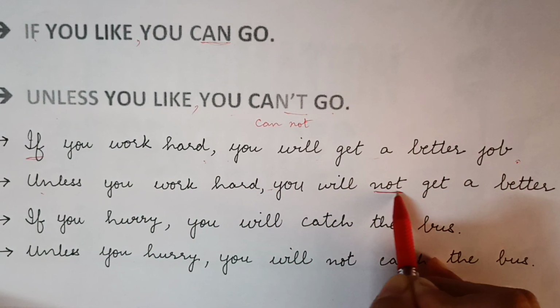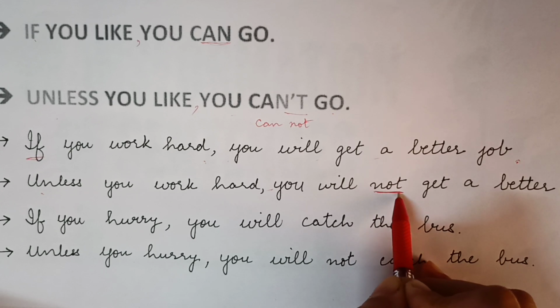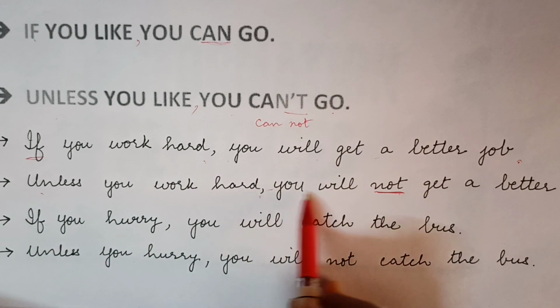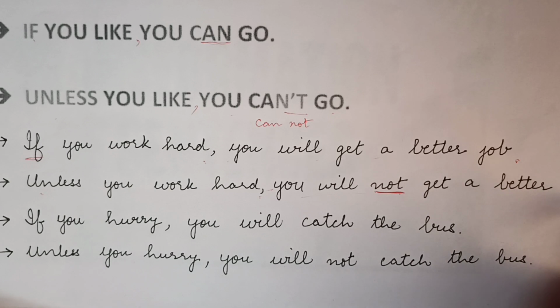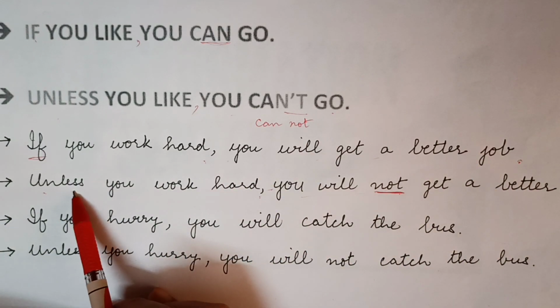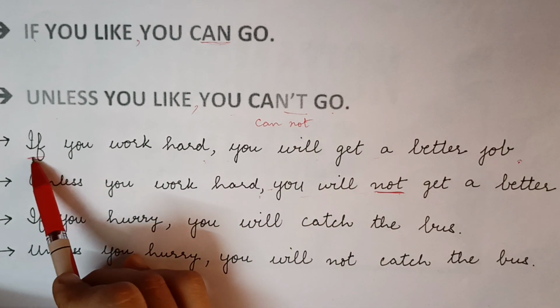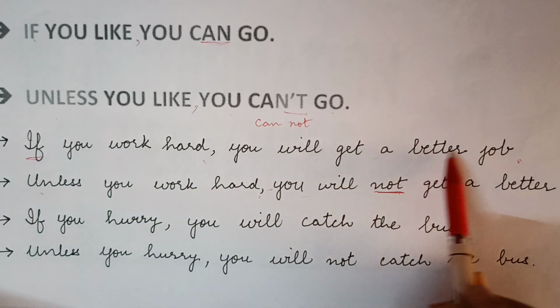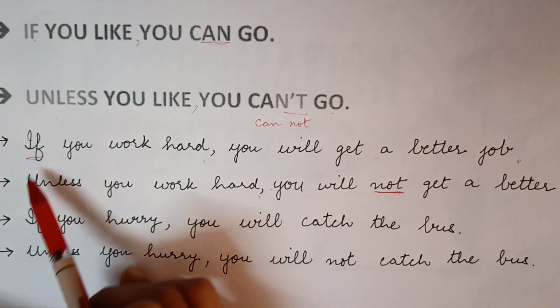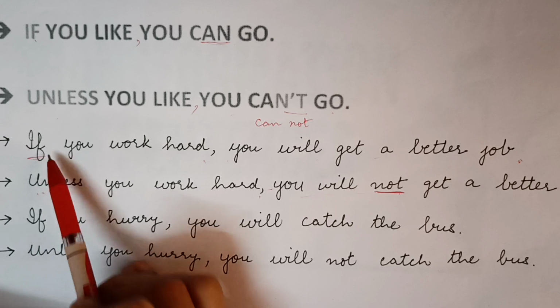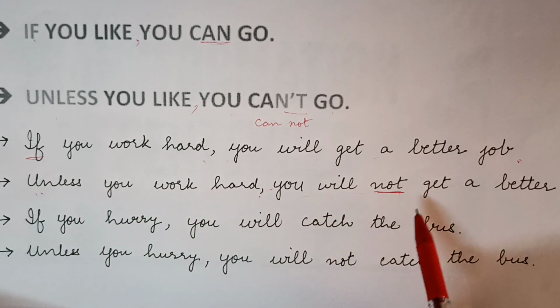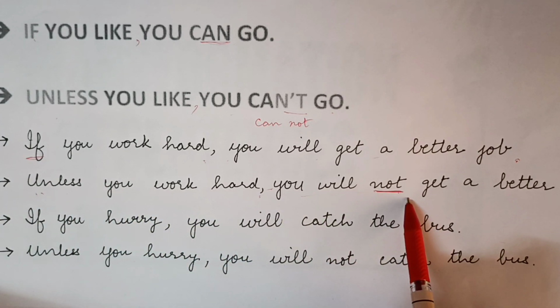So we have used not in the second part of the statement, because unless itself is a negative word. It means if plus not. And in a statement with if where you are not given a negative, you will rewrite the statement. Instead of if, you will write unless, and in the second part of the statement you will add not.